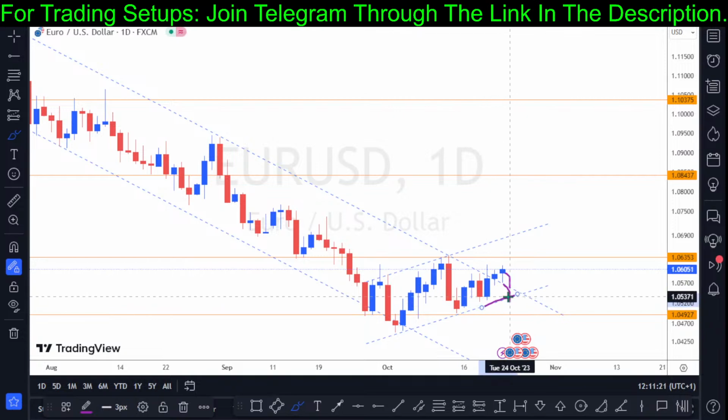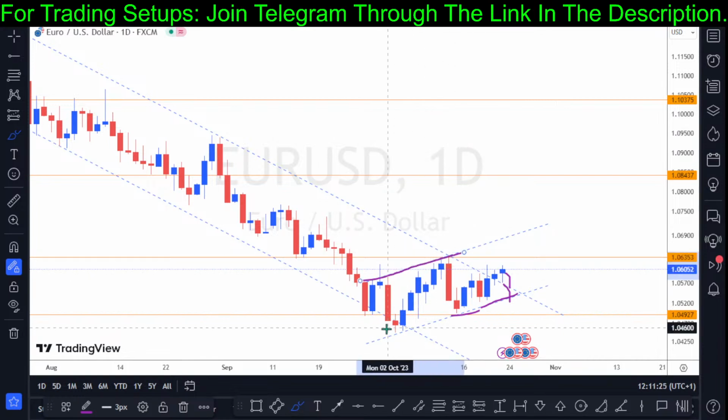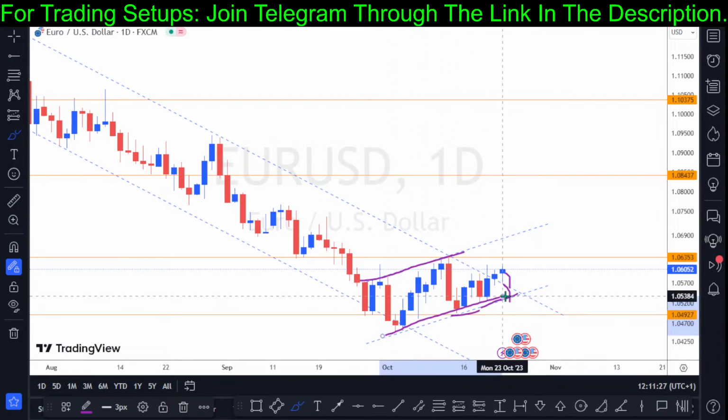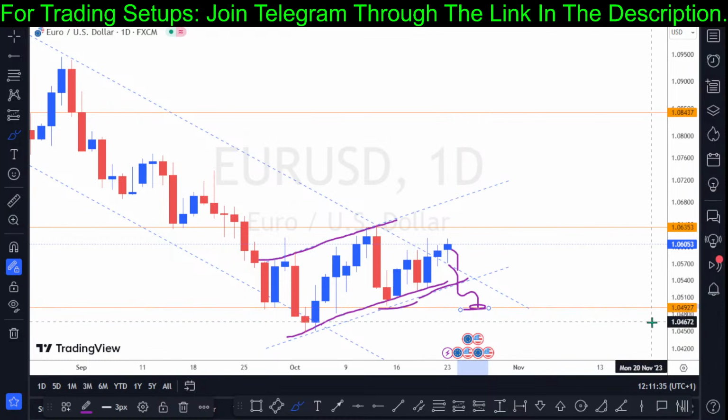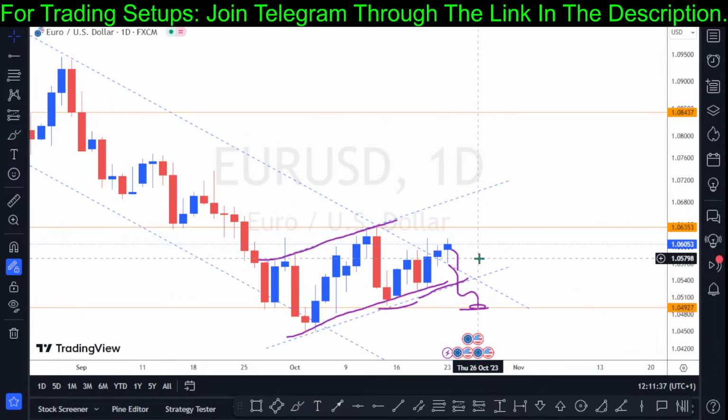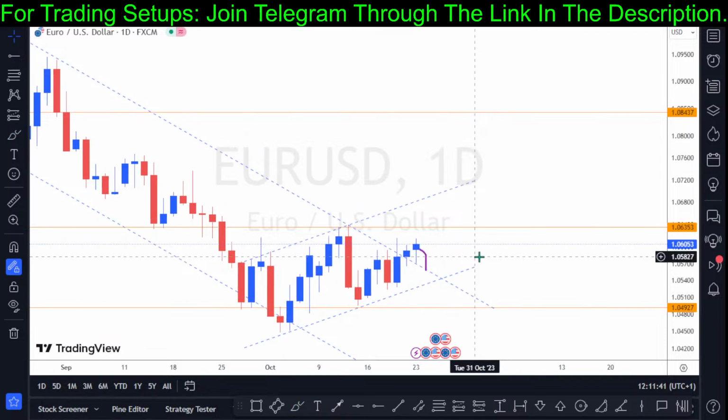And then if this lower channel of this rising channel right here fails to hold as support, then don't be surprised if the price of Euro USD still tests the major support structure at the price of 1.04927. So anything can happen right here, and this is why you need to calculate your risk before you open any position in the market.